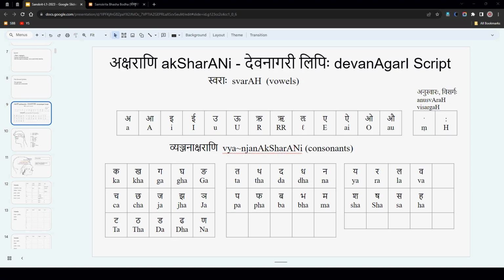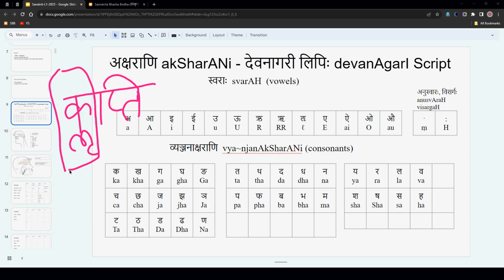We only find it in klupti, klupta. There we find this swara, klu.